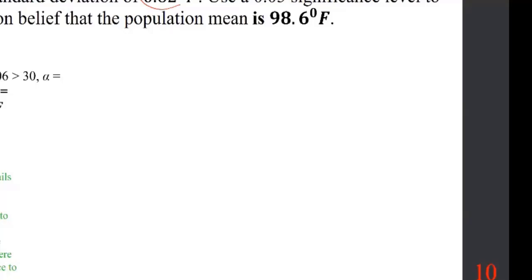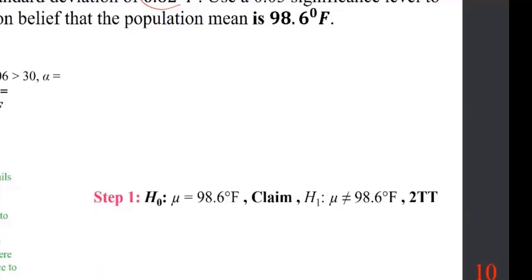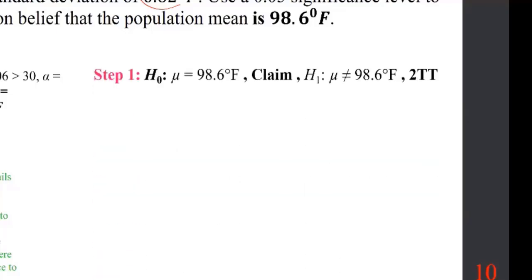H0: mu is 98.6. But what is H1? Use a 0.05 significance level to test the common belief that the population mean is 98.6 degrees Fahrenheit. And so it means whether it's less than or greater than, it's fine, and therefore it's not equal to.